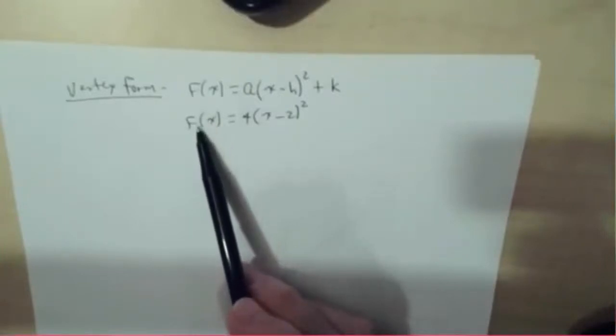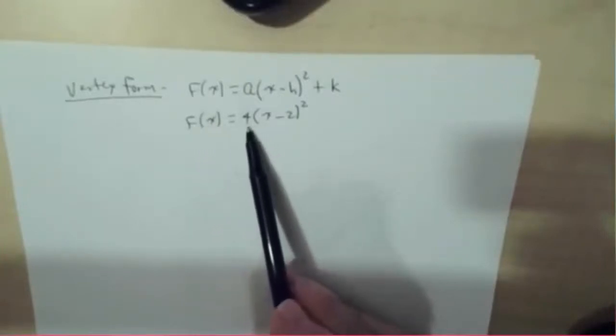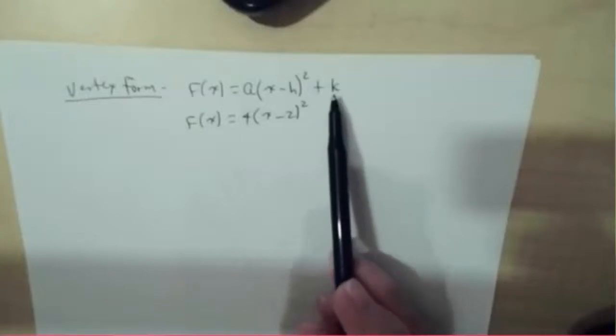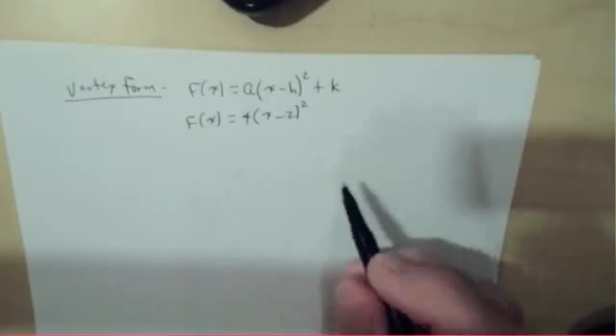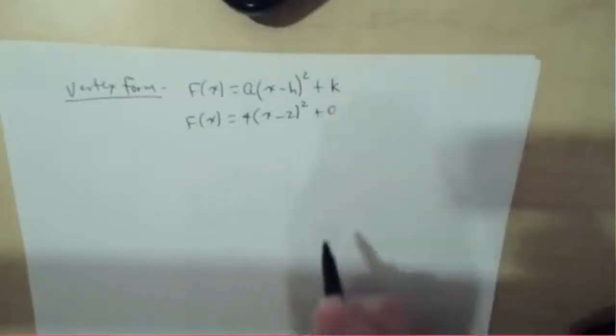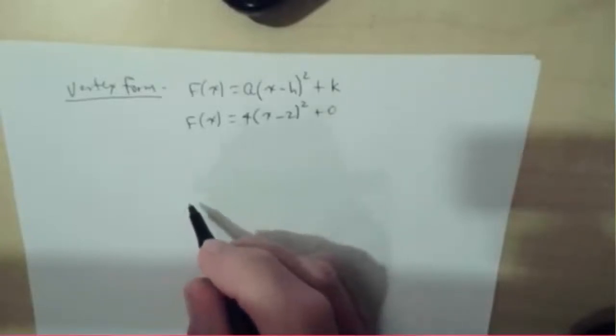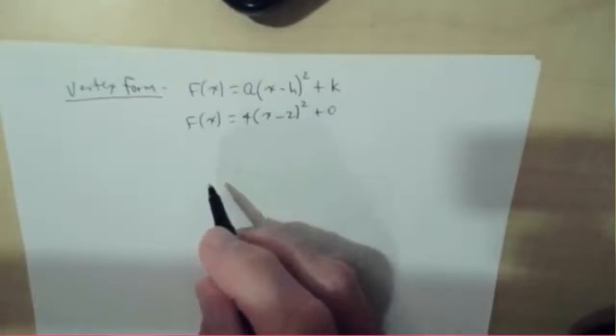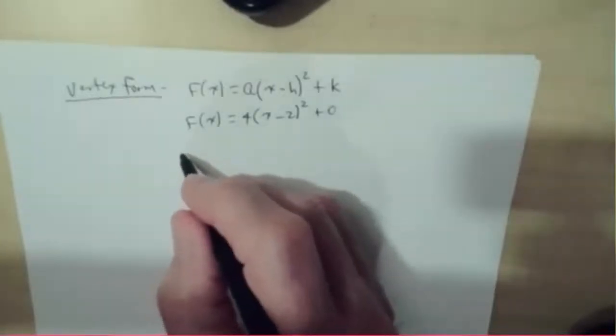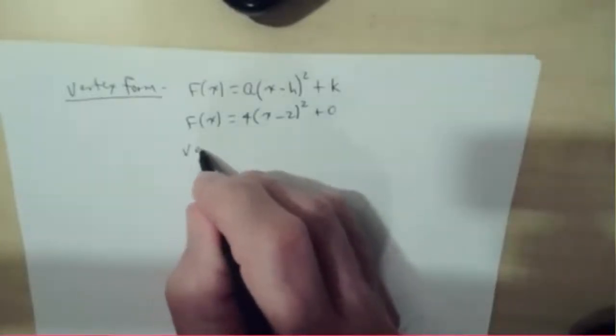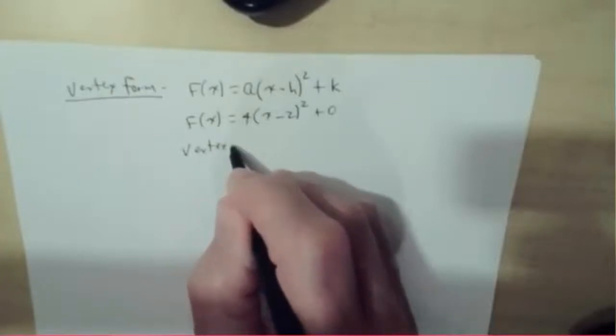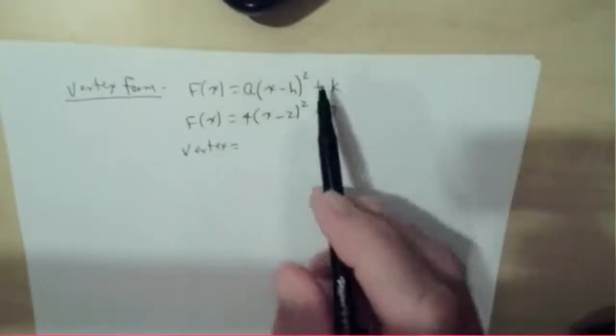Okay, so if you have this, f of x equals, this is in vertex form. So what's our value of k? We just don't write it because we don't have to. Lazy mathematicians. So our vertex, V-E-R-T-E-X, is, remember, negative h.